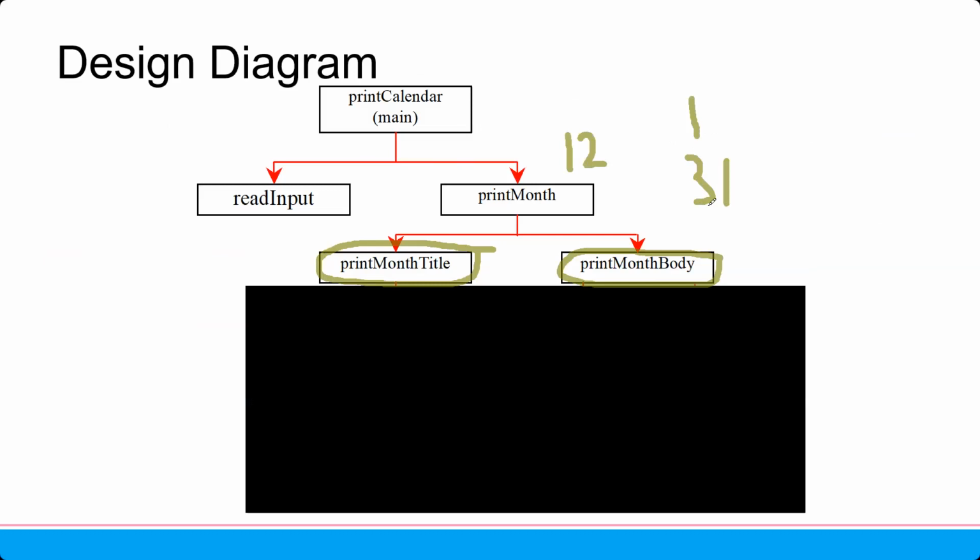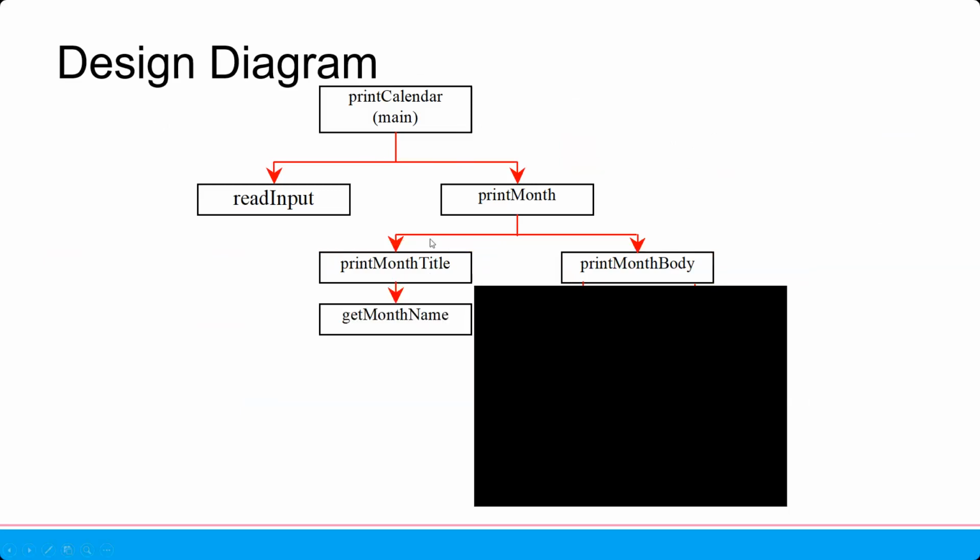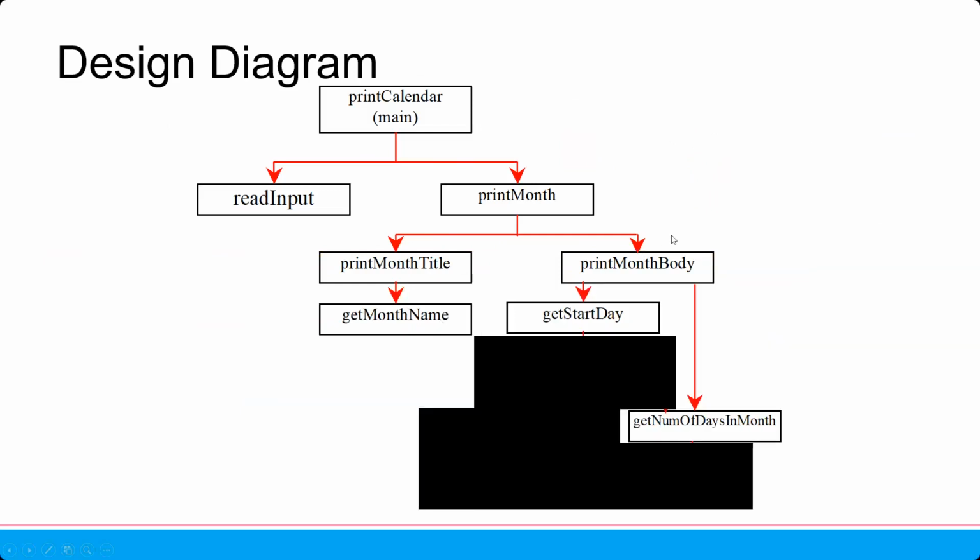The 1st of January will depend on the year. It means if we want to get the title, we can get the month name. If we want to print the body, then we need to get the starting date. So when is the 1st of January? Or if you want to get February, then I want to know where is the 1st of February, and so on.